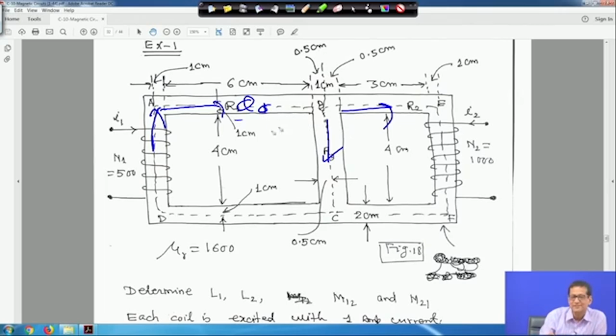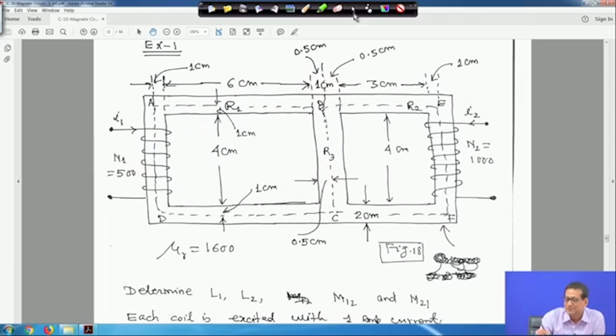As the direction of the flux is this way, this will be plus and this will be minus for the FM. From plus the current comes out, so the flux comes out, this is the analogy to an electric circuit.